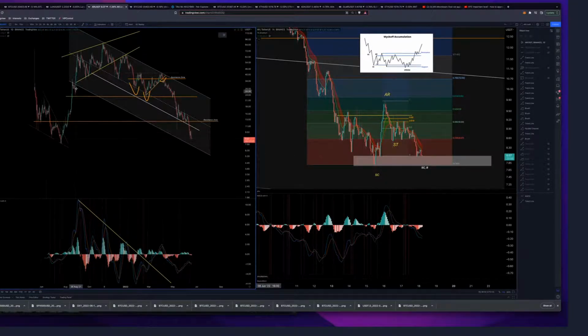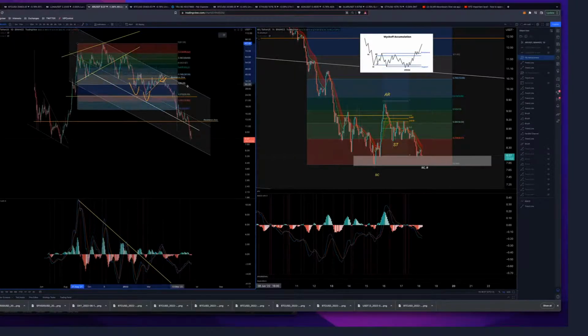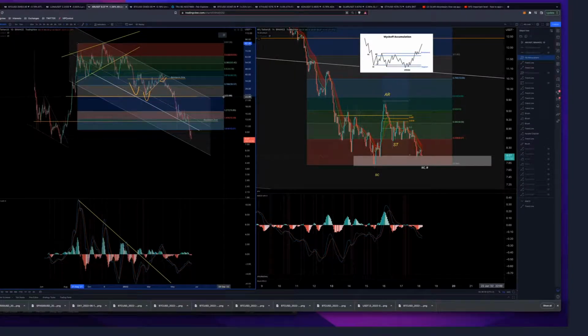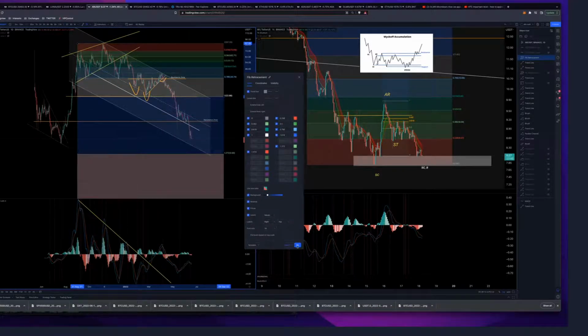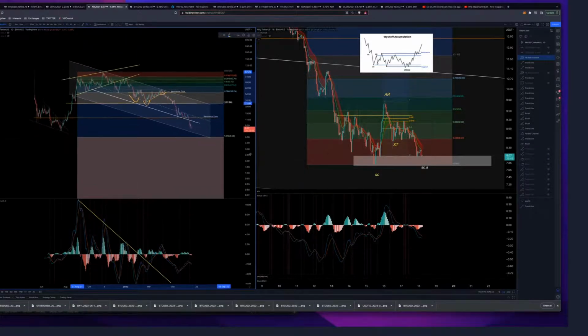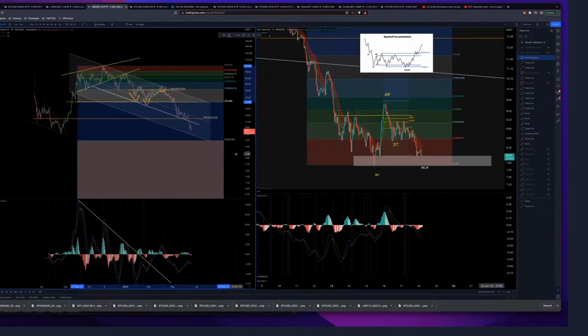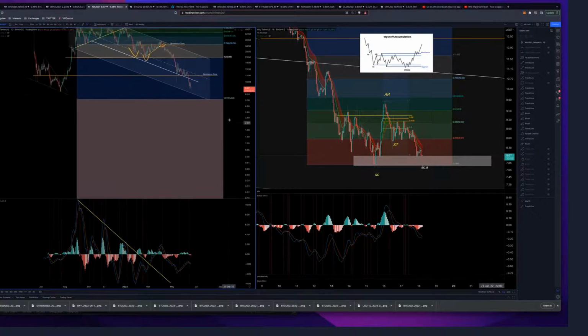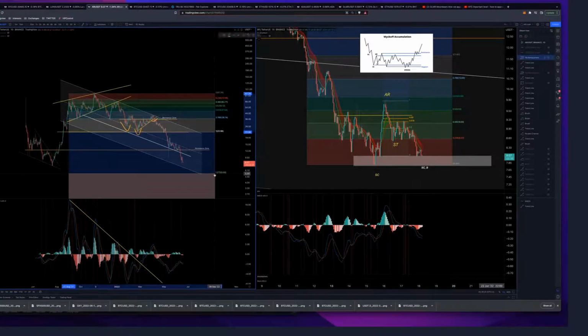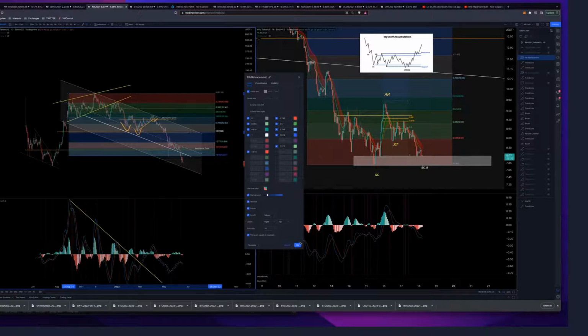So if I was to use this big structure, let's just get rid of that. Oh, that's nasty. That's not gonna work. I'll put it back in.